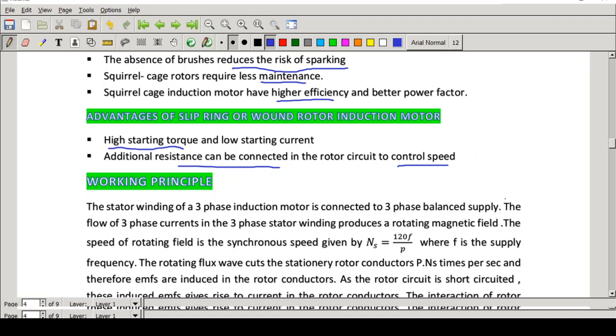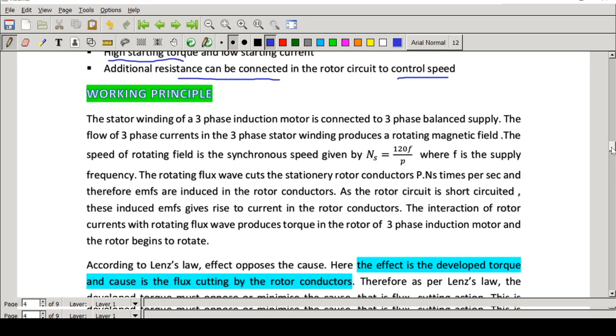Now let's move on to the details of the working principle of a three-phase induction motor. As we discussed before, it is a single excited machine where the stator winding is connected to a three-phase balanced supply. In the stator winding there are three coils, red phase, blue phase, yellow phase, and when current flows through these windings, flux will be created.